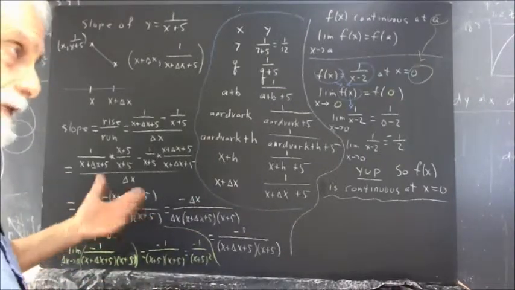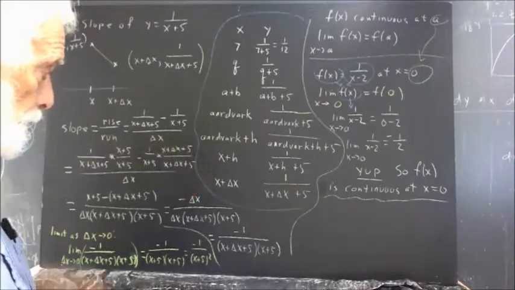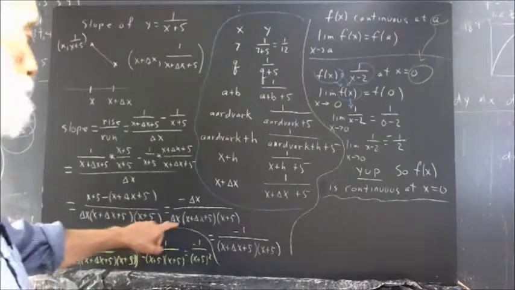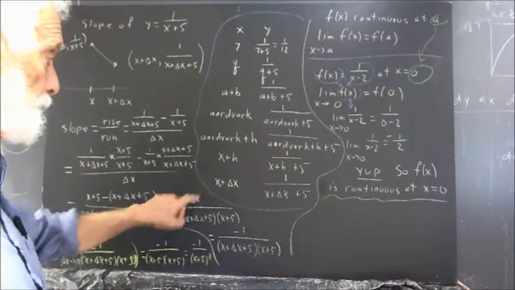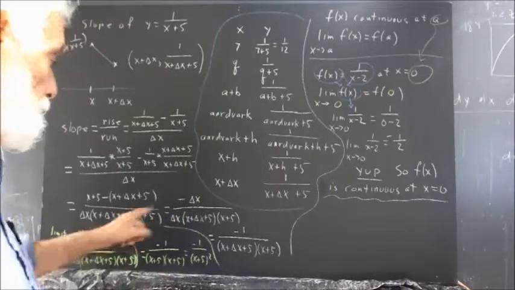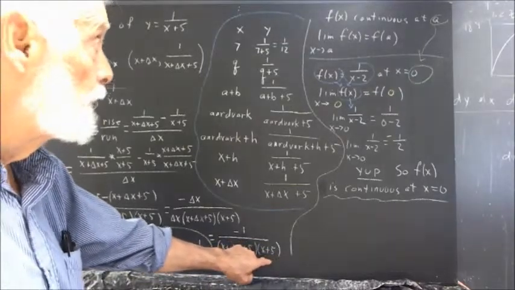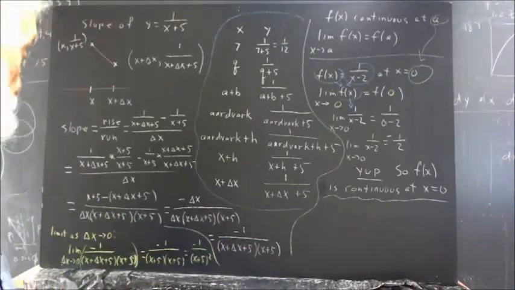It's very obvious if you simplify this. And then we have a delta x in the denominator, so we can divide this delta x by this delta x, and what do we get? We get negative 1 over x plus delta x plus 5 times x plus 5.